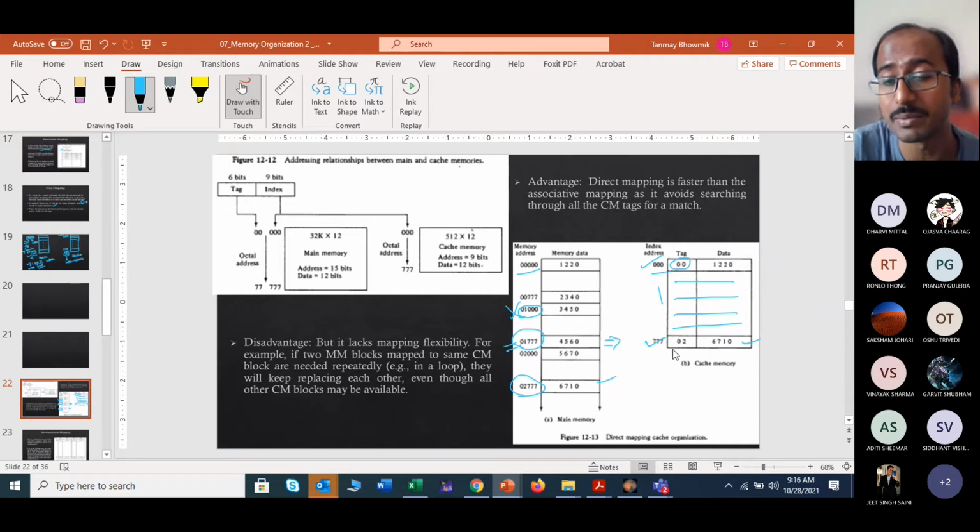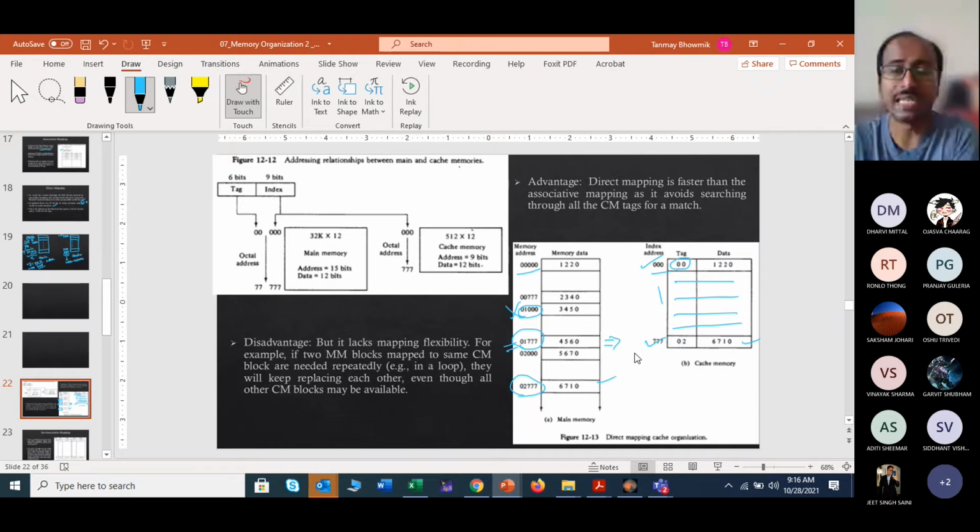You can see 777, it is 02. So you cannot enter this data into cache memory now. You have to remove this data and then enter this data.